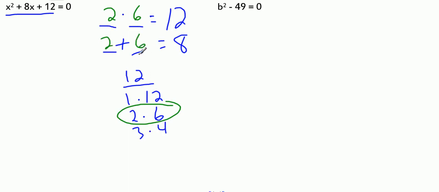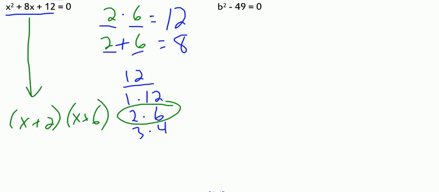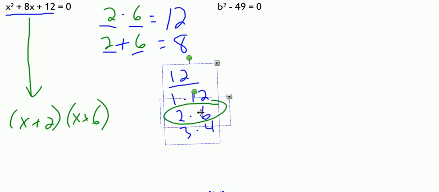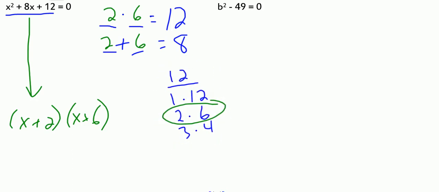So this one becomes x plus 2, x plus 6. I'm just going to run out of space here again because of my pen issue. Okay, and that is going to equal 0.